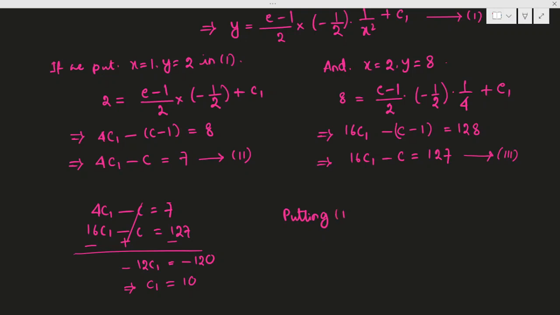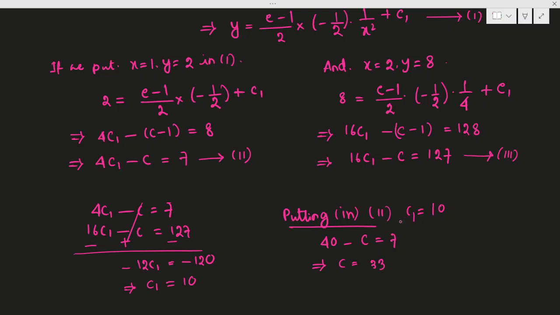So we are putting c1 is equal to 10 in equation 2. So we get here 40 minus c is equal to 7, that is, we get c is equal to 33.